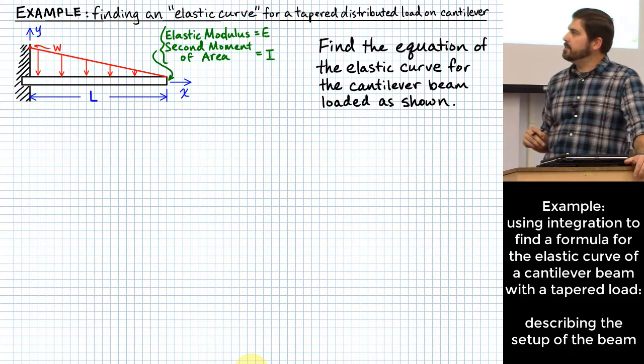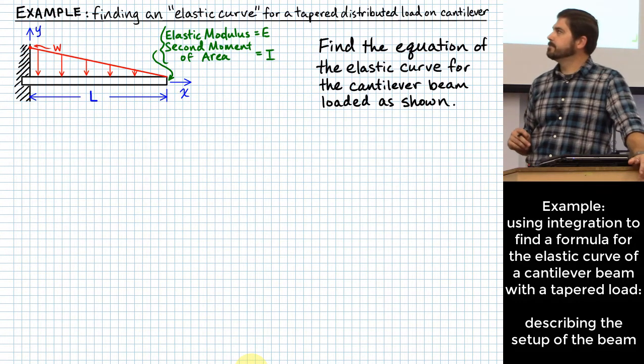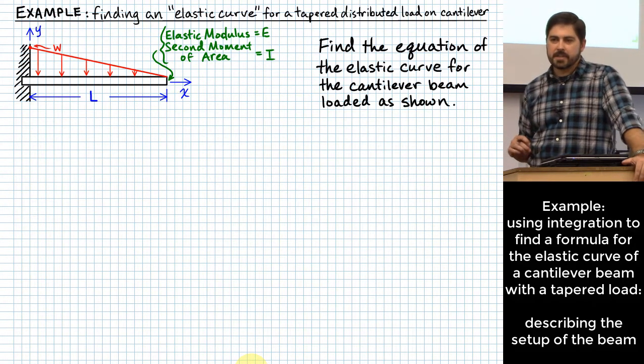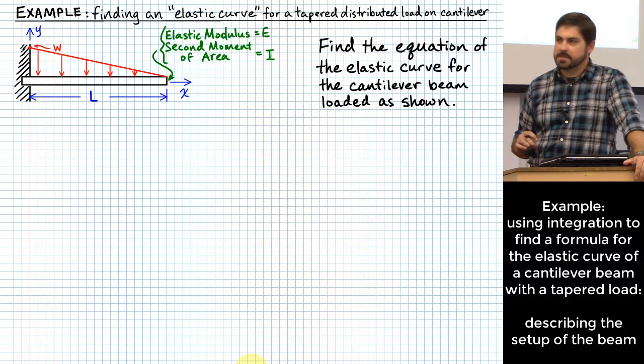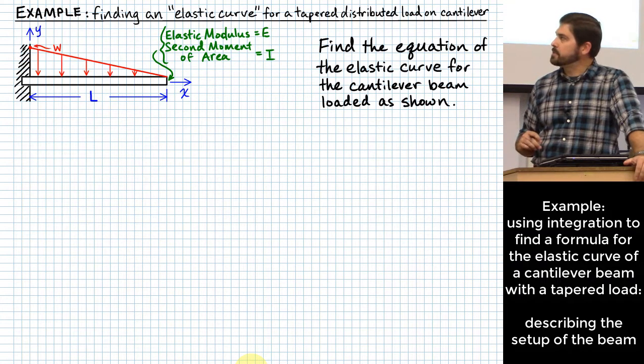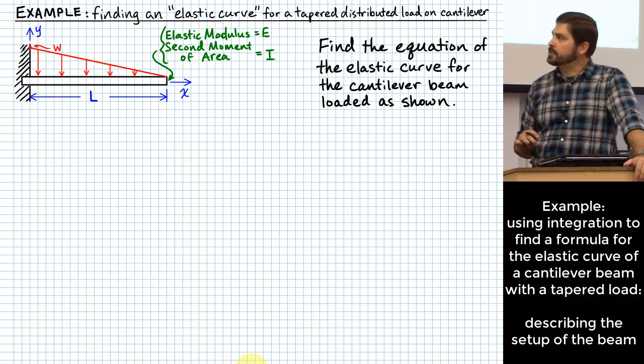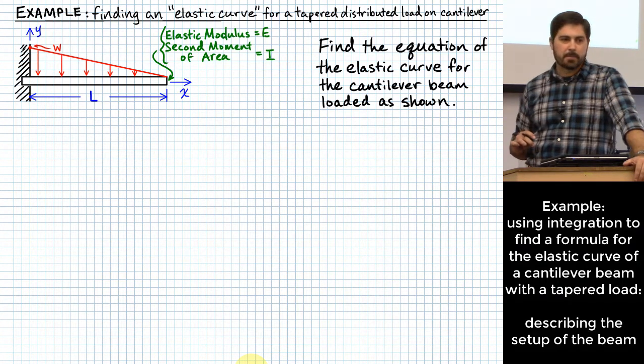let's find the elastic curve for a cantilever beam that is experiencing a tapered distributed load. Okay? That means that on the left end of this little beam, there is a particular distributed load value of W, and then it tapers off to 0 out at the end of the cantilever beam.